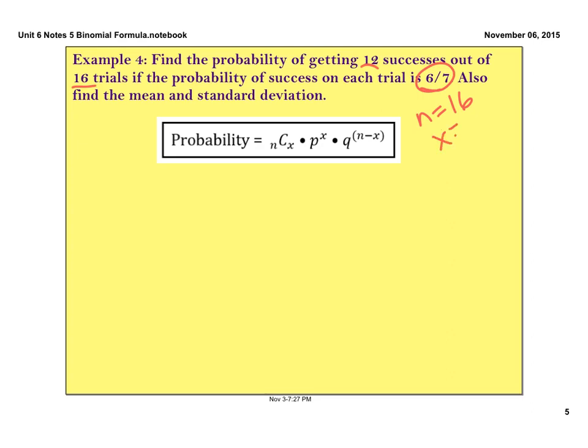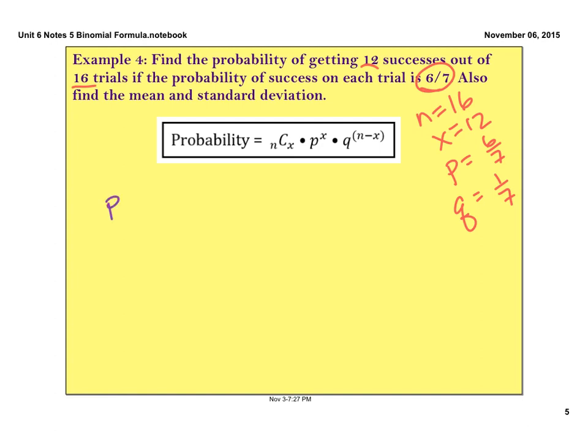Your x value is going to equal 12. Your probability is going to equal 6/7. That's your probability of success. Now, if you think fractions, if 6 out of 7 people succeed, that means 1 out of 7 people fail. So my probability of failure is equal to 1 out of 7. So that's going to be helpful for me to know. And that's just by subtraction of fractions.